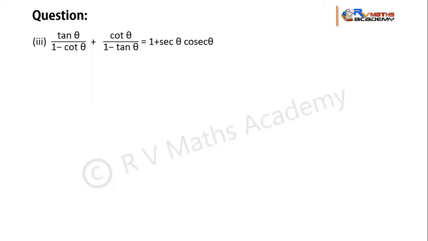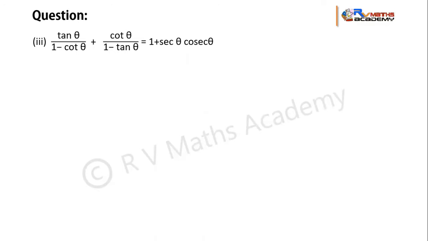Remember a few steps: either we convert them into sine and cos, or sometimes we take the LCM, and if they are making an identity, then we do not convert them and just try to make the form of an identity. And sometimes if a square root is there, then we multiply both numerator and denominator by its conjugate to remove the square root from the denominator.